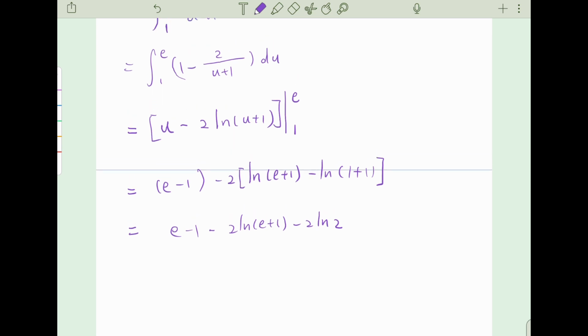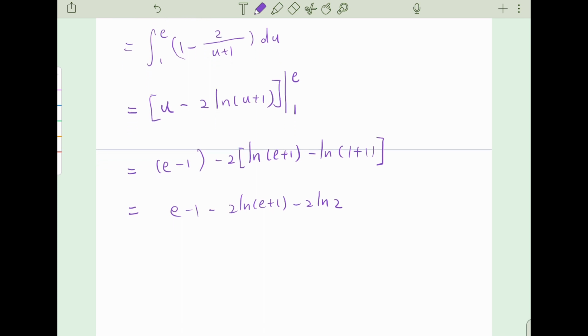Or maybe we can combine that. It's acceptable to give this form. If you don't like this form, you can combine these two things here, right? So that can be written as e minus 1 minus 2 times ln of e plus 1 divided by 2.